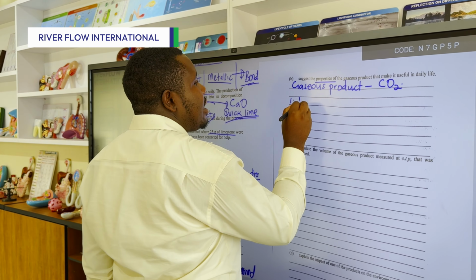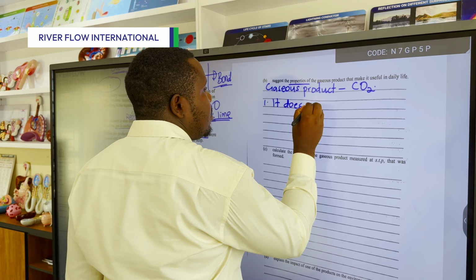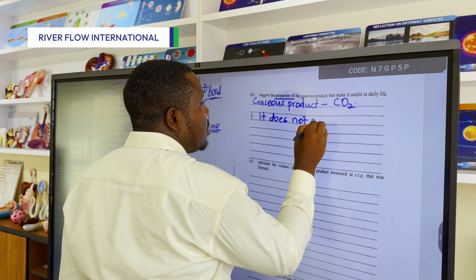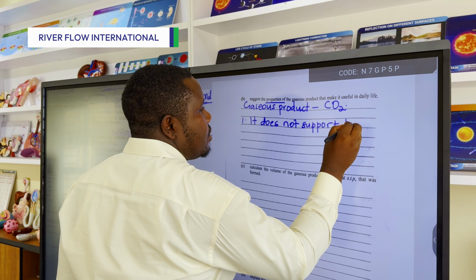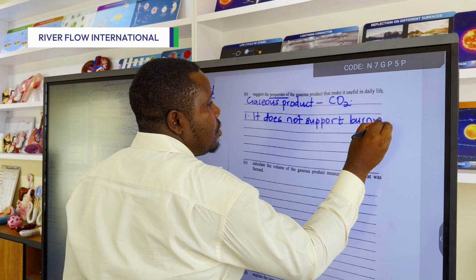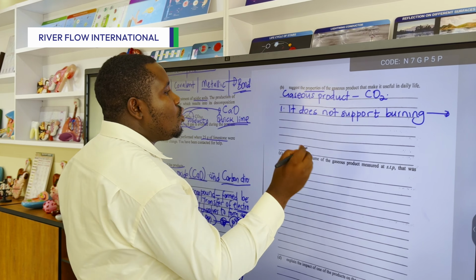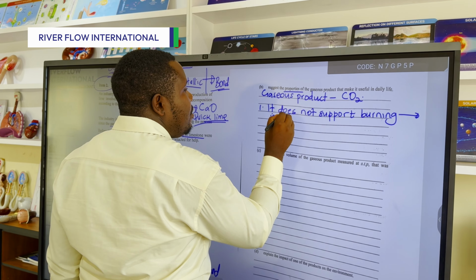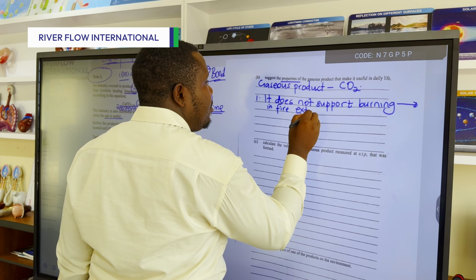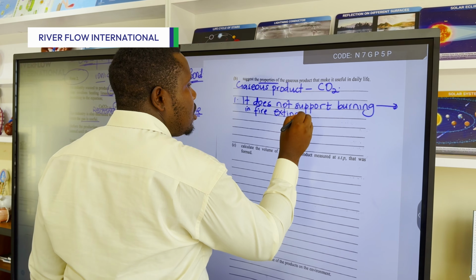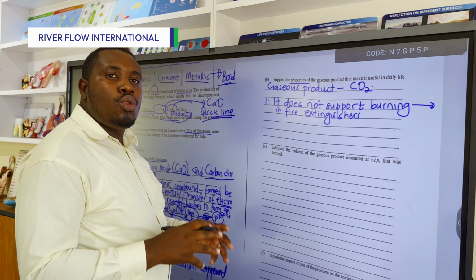Number one, it does not support burning. And therefore, it is used in fire extinguishers to do what?